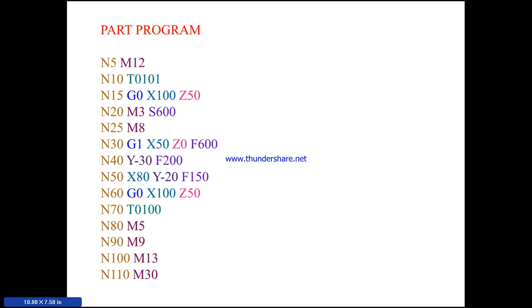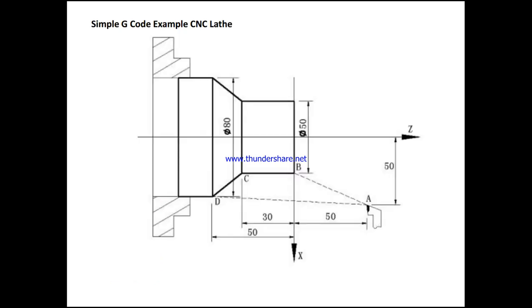N100 is M13, related to releasing the workpiece; M9 is coolant off, and M5 is stopping the spindle. In the same way M30 is end of program, where the spindle should stop and the coolant should be off. So this is the program for this turning operation.